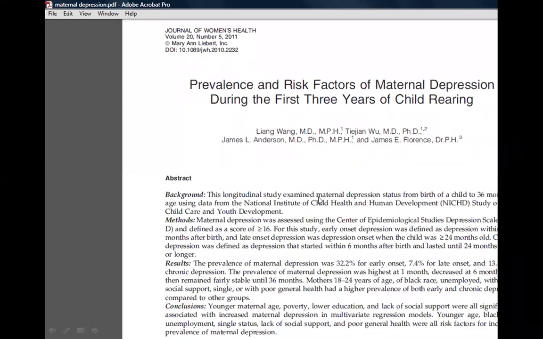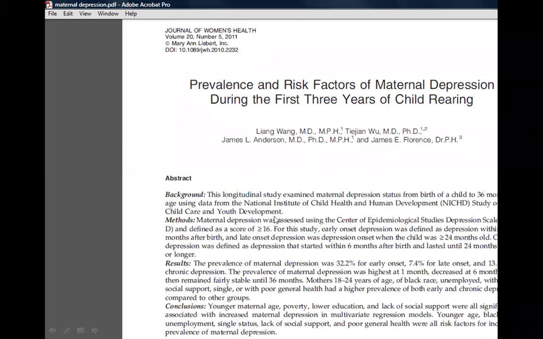So that means that they have a cohort that they're looking at, and they use the National Institute of Child Health and Human Development study on child care and youth development. So that's a cohort that's been established by the government, and they analyze that data to look at, over time, maternal depression status.